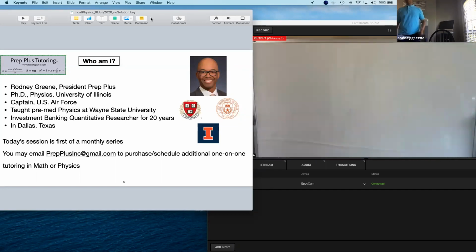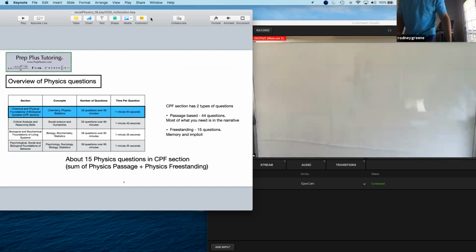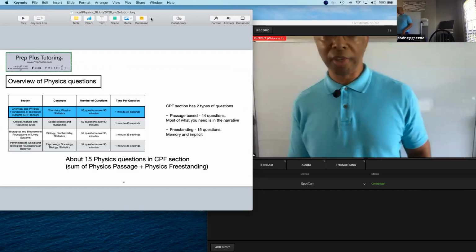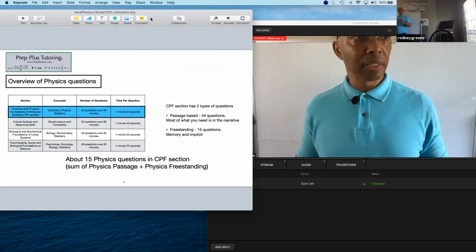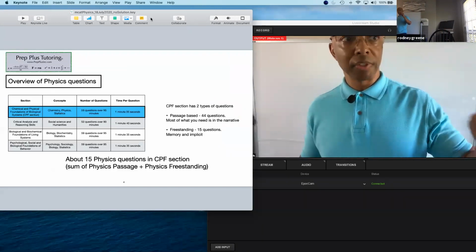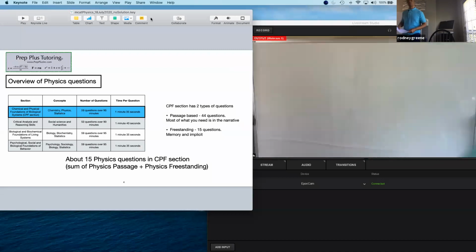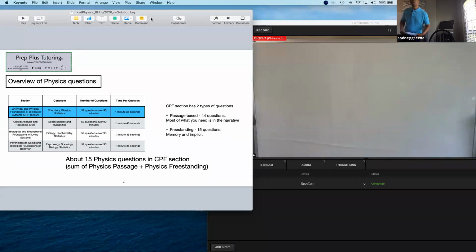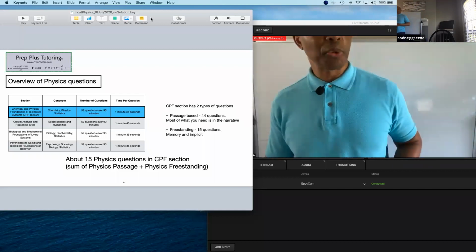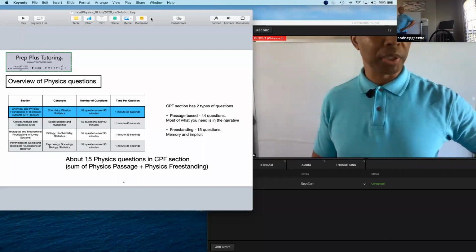So let's go ahead and get started. First of all, an overview of the structure of the MCAT. There are four sections to the MCAT. We're going to focus on a piece of the top part, called Chemical and Physical Foundations of Biological Systems. That has 59 questions over 95 minutes, which gives you about 1.5 minutes per question.